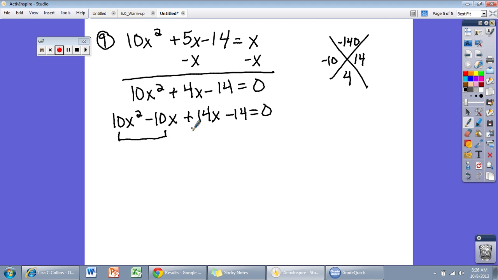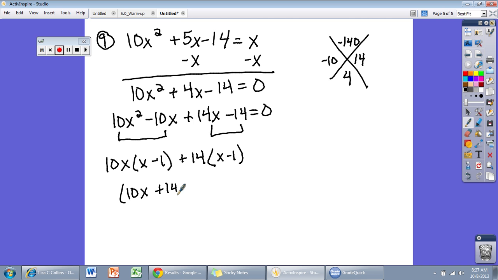We're grouping these two items, so we have 10x times x minus 1. We factor out a positive 14, so we're left with x minus 1. So our two factors are 10x plus 14 times x minus 1.